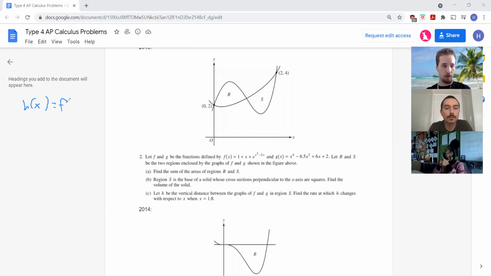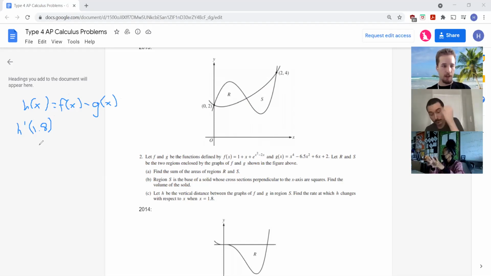That's H of X is equal to F of X minus G of X. Find the rate at which H changes with respect to X when X equals 1.8. Okay, so all we have to do is find H prime and plug in 1.8.